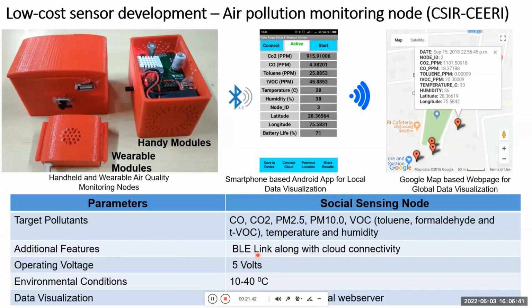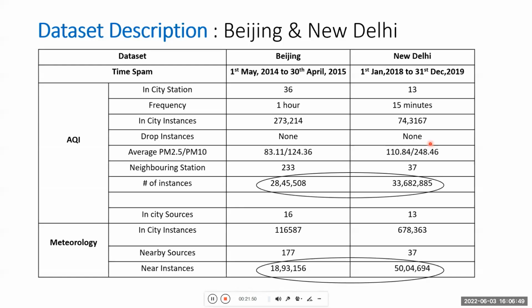All three are now available with our nodes, and we have an app which can show you the current status every 15 minutes, and even the GPS locations. So using these nodes and the CPCB and Suffer nodes, we have contributed to a data set of at least 1 to 2 years.